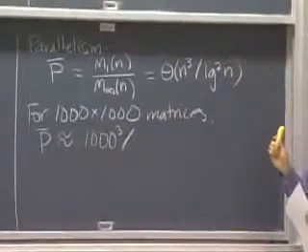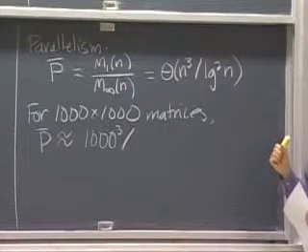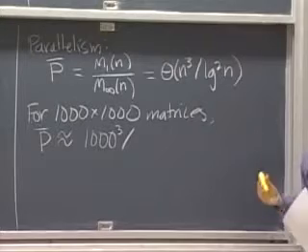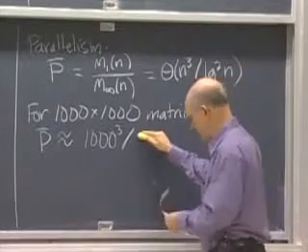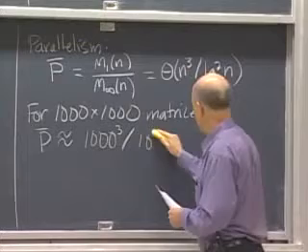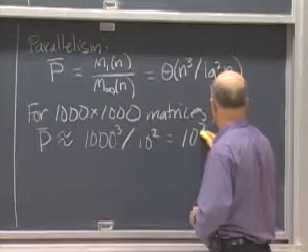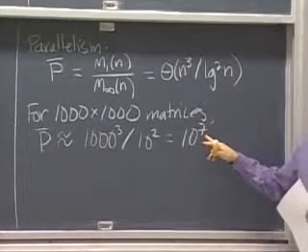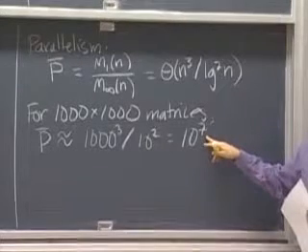What's log of 1,000? 10, approximately, right? Log base 2 of 1,000 is about 10, so that's 10 squared. So you have about 10 to the 7th parallelism. How big is 10 to the 7th? 10 million processors. Okay?